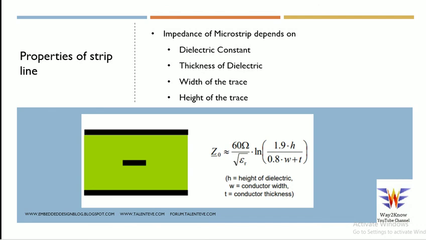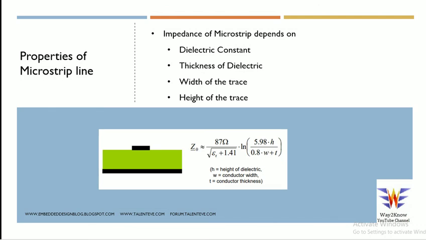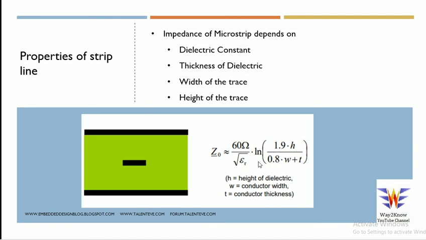If you keenly observe this, there is definitely a difference in the formula. There are several tools available over the internet which you can use to directly calculate the characteristic impedance rather than using this formula to determine the impedance.